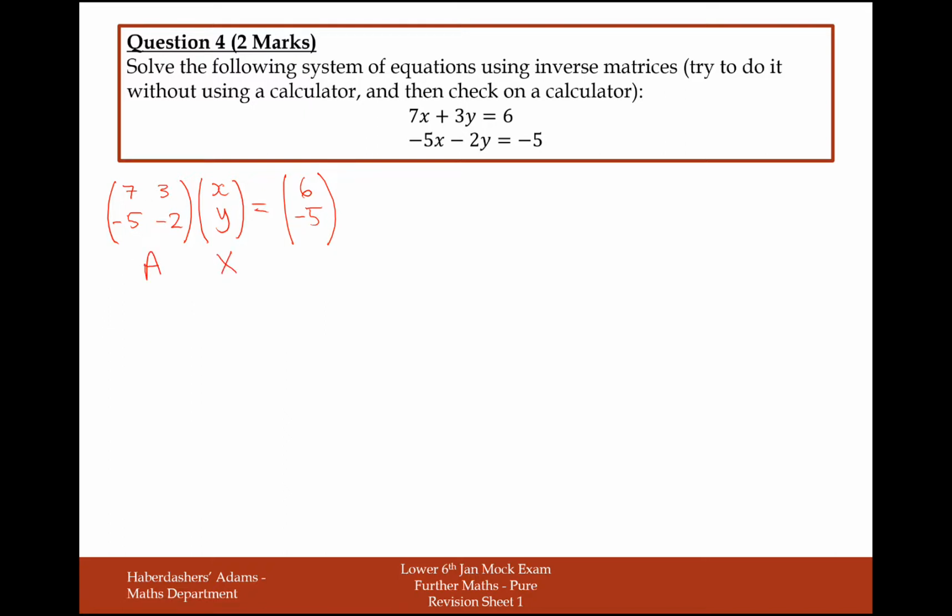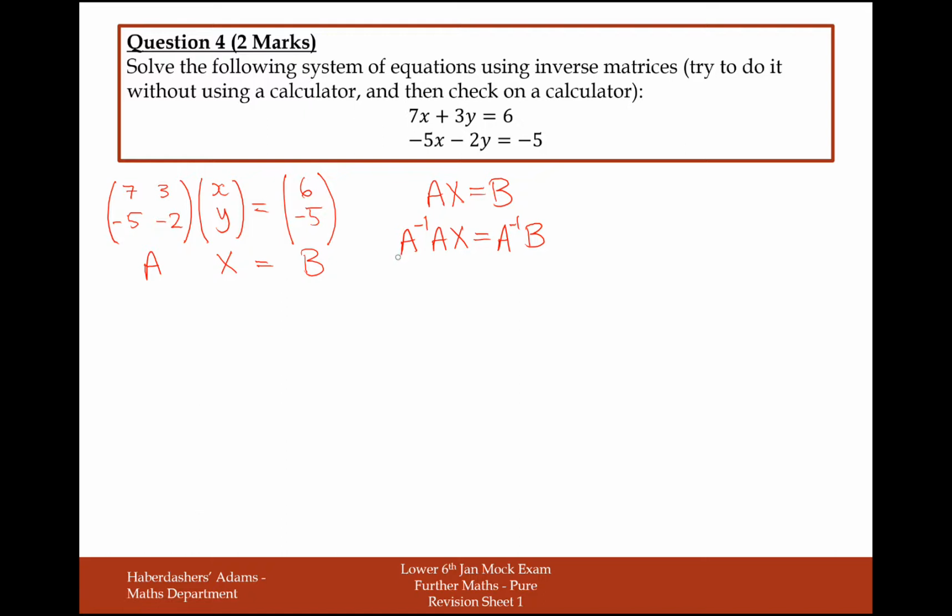Let's call this matrix A, this matrix capital X, and this matrix here B. If I have AX equals B, then the way that I can get rid of the A is to pre-multiply by the inverse of A. If I've done that on the left, I need to do it on the right as well, making sure that I do it pre-multiplying, referring to the fact I have to multiply at the front of both of my expressions.